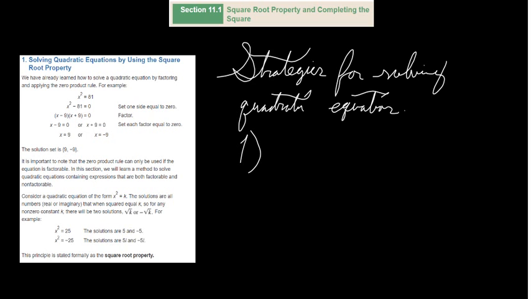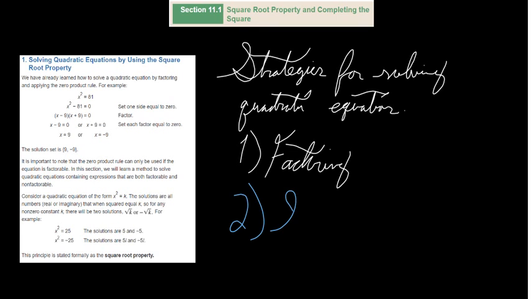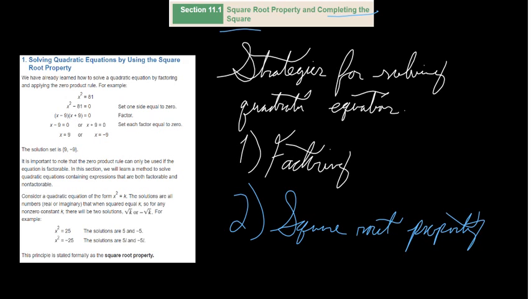Number one that we know of is factoring. Number two is what we're going to be doing today, and that's the square root property. I put that in blue because that's going to be something new. We're also doing completing the square, which would be the third strategy that we'll get to, and I'll write it as we get there.